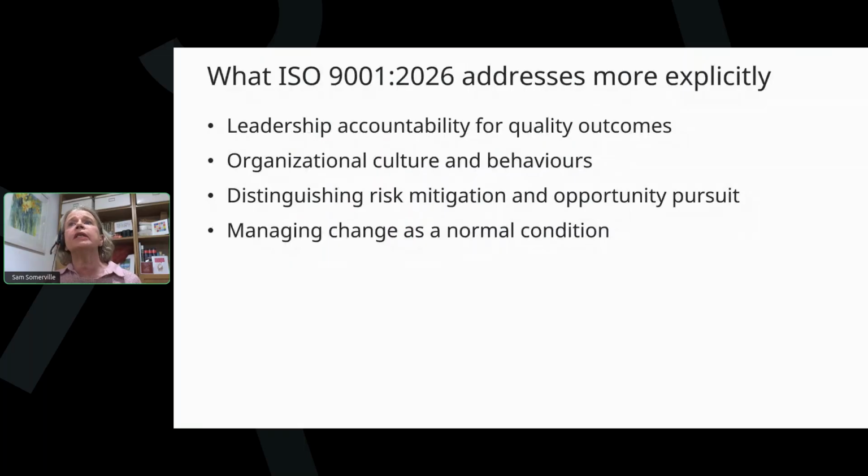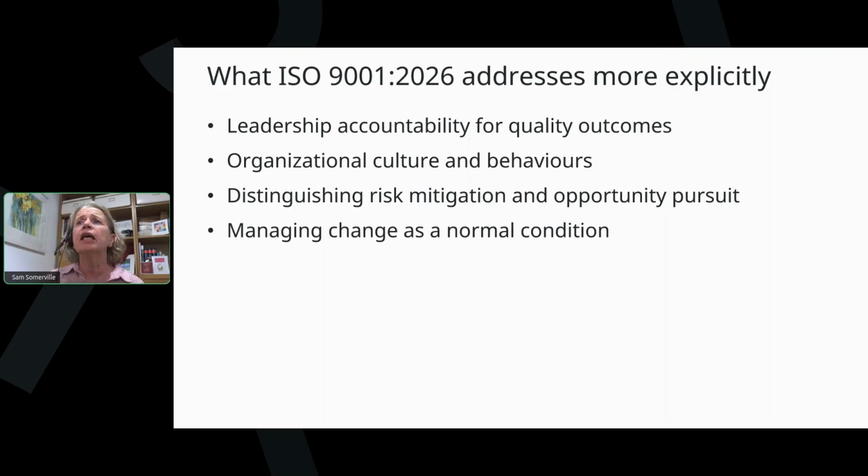So the revision brings greater clarity to several areas that users identified, as we said earlier, as challenging. And they reflect where organisations told us that ISO 9001 either wasn't being used well, or it was being interpreted perhaps too narrowly.